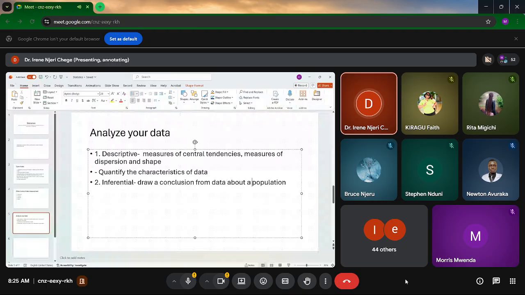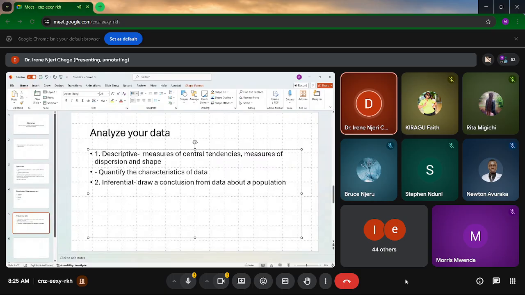So in inferential statistics, you require statistics to select the sample and then to draw a conclusion on the population. And then you can also use it to identify differences between two populations.